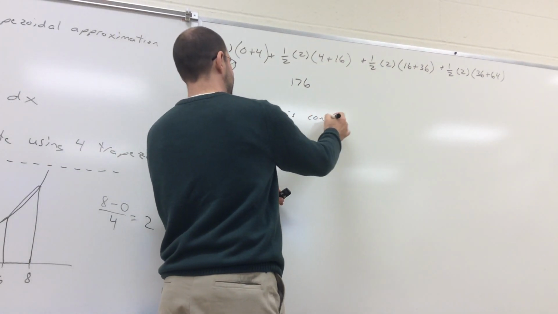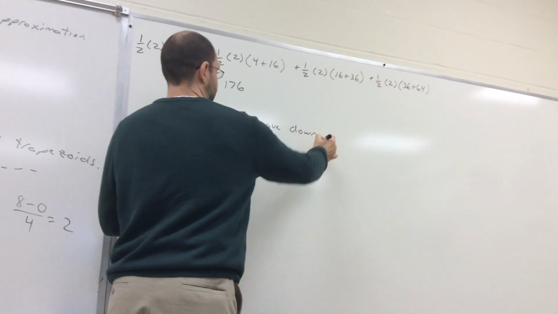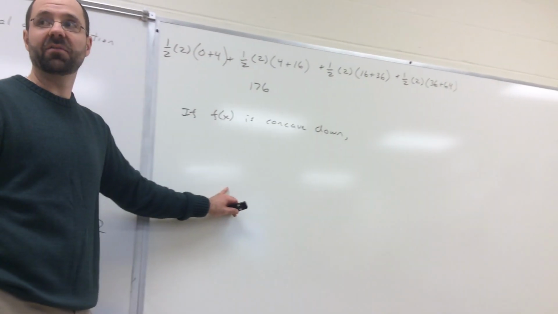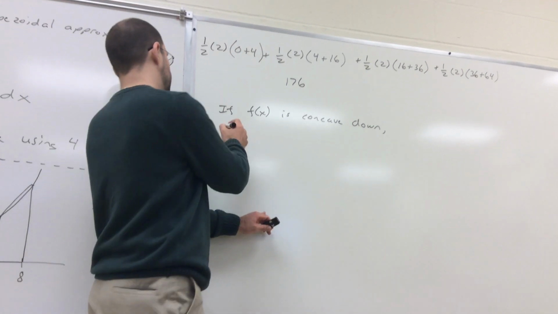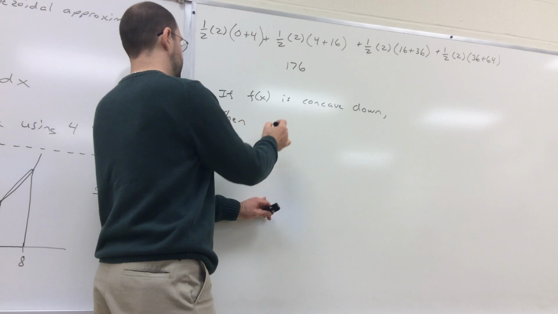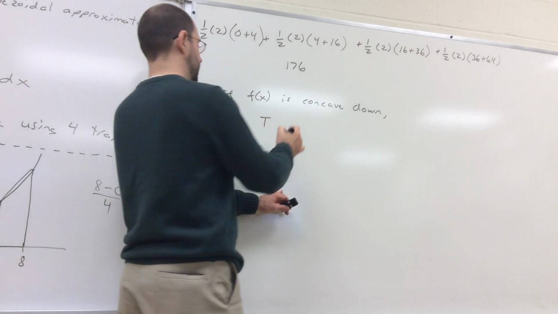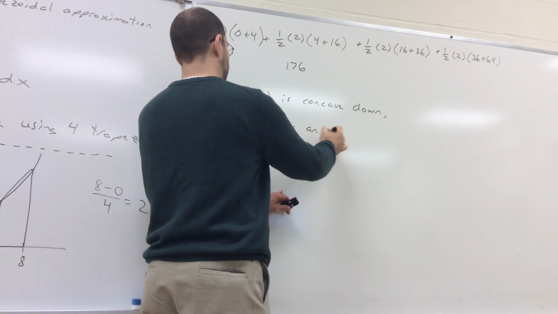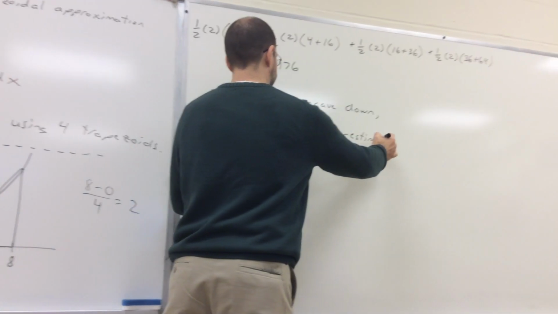So if f of x is concave down, then T is an underestimate.